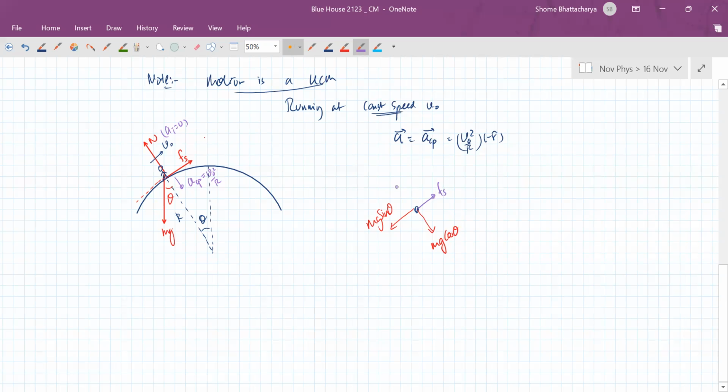So because tangential acceleration is zero, static friction has to balance mg sin theta.